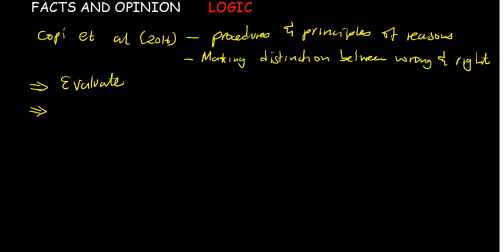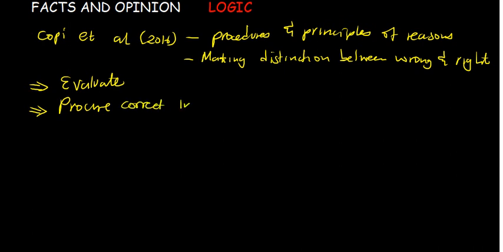And logic makes sure that you procure correct information. From logic, you get to procure correct information. You cannot get correct information if you don't have logic, if you don't have principles and procedures that we are going to use. So how do you just get correct information?